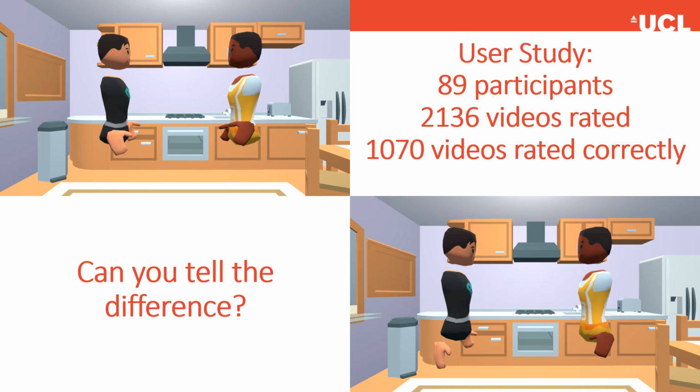And we additionally transformed the voices in all the recordings, so recordings with only one actor would not stand out. Overall, 89 participants rated 2,136 videos, and only 1,070 videos were rated correctly.